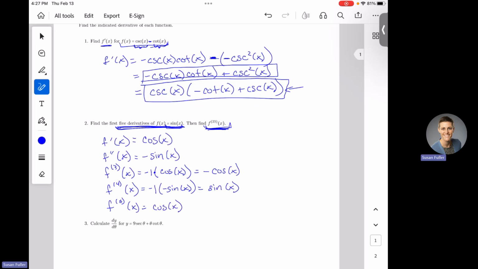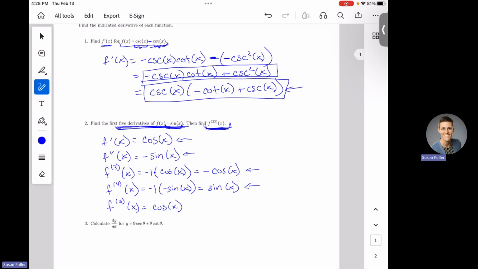Okay, so now that we've done these first 5 derivatives, I want you to go back and look at what we just did and see if you notice anything. Well, we started at sine, then we went to cosine, then we went to negative sine, then we went to negative cosine, and then we went back to sine.